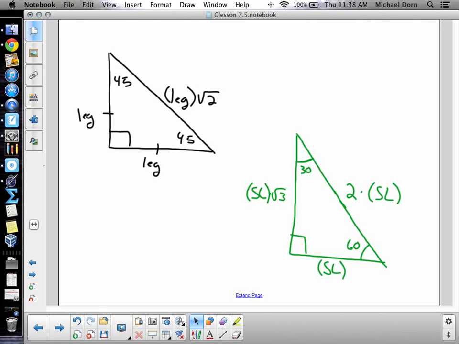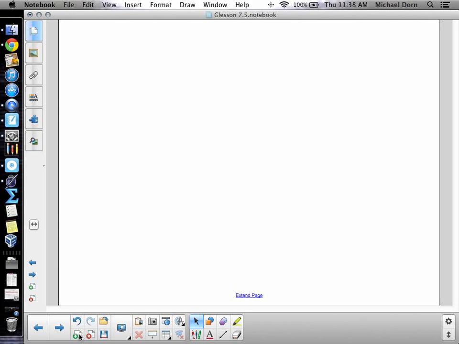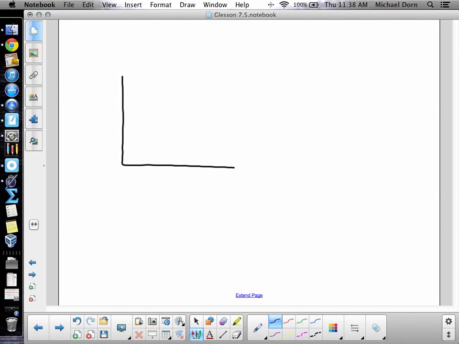The other thing that we still have to work on are the similar right triangle problems. And a lot of you have been resisting the idea of drawing 3 triangles, but I tell you what, the people who are being most successful are the people who are doing that.